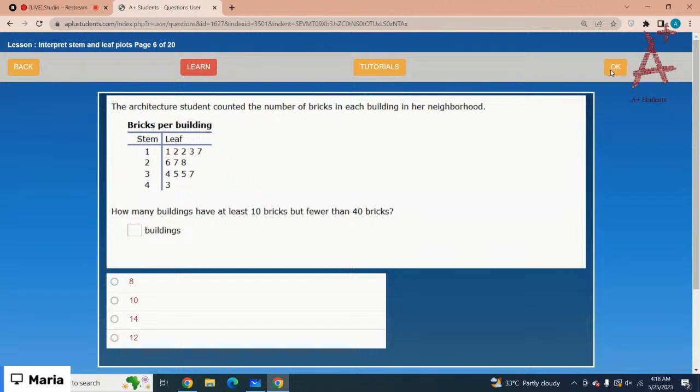So that means the values that are greater than 10 and less than 40. 1, 2, 3, 4, 5, 6, 7, 8, 9, 10, 11, 12. So the correct option is 12.